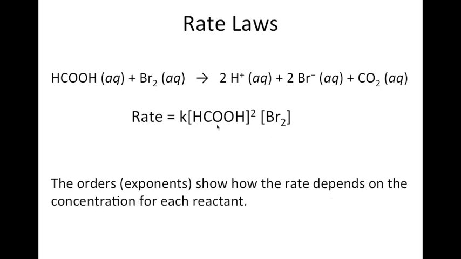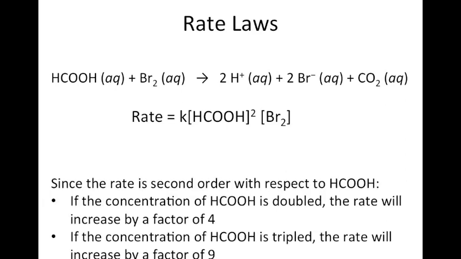So as we mentioned previously, the orders or exponents show how the rate depends on the concentration of each reactant. Let me try to elaborate on that a little bit. Let's take a look at our first reactant, HCOOH, and we said it's second order with respect to this reactant.